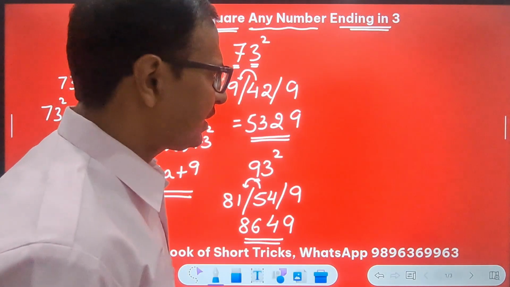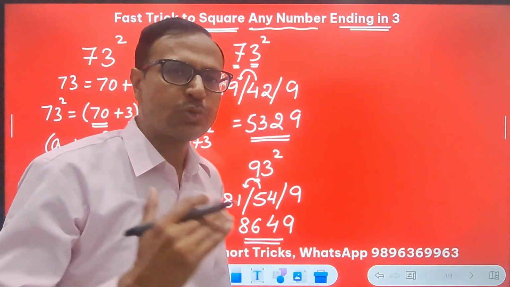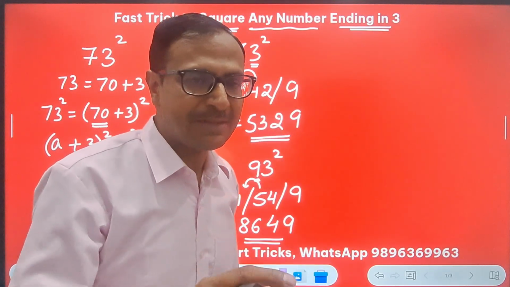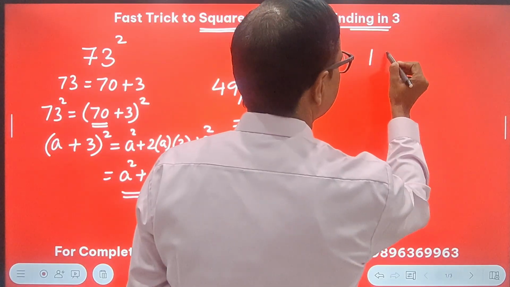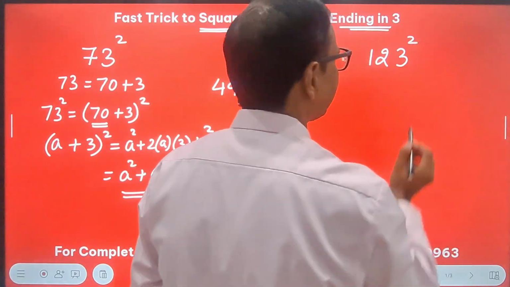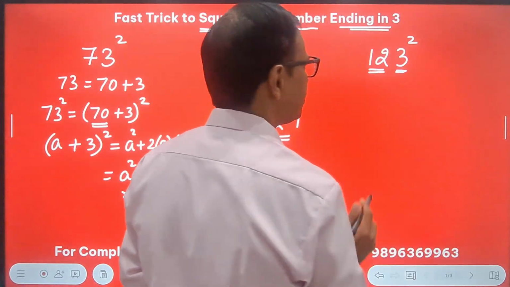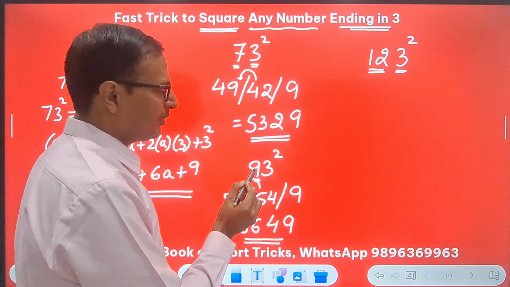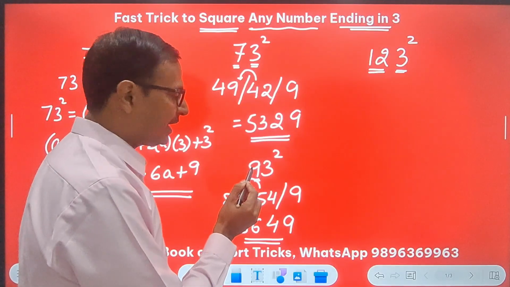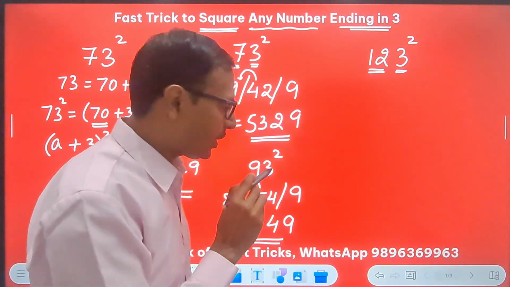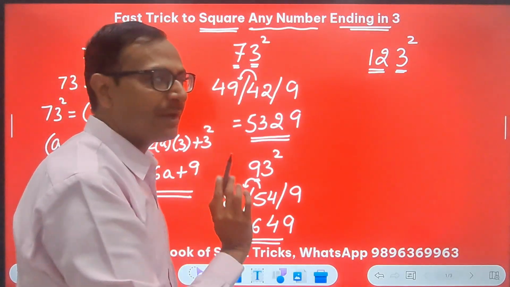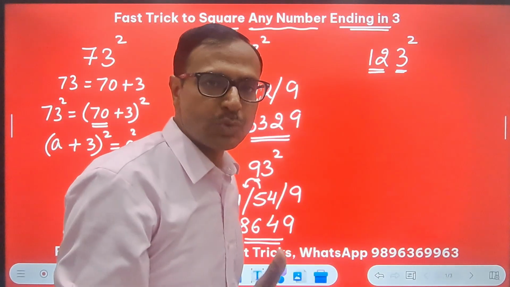So let's see, can we apply this trick to square 3-digit numbers ending in 3, like 123 square? So apart from the 3 here, we have a 12. So in place of a single digit being called a equal to 9 here, a equal to 7 here, I will say a equal to 12.